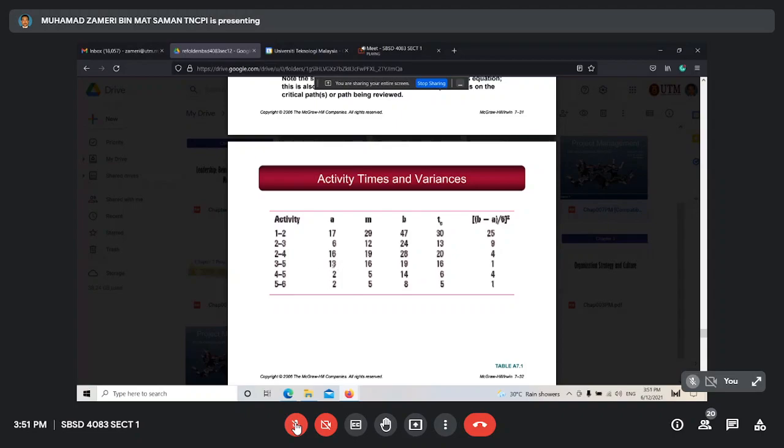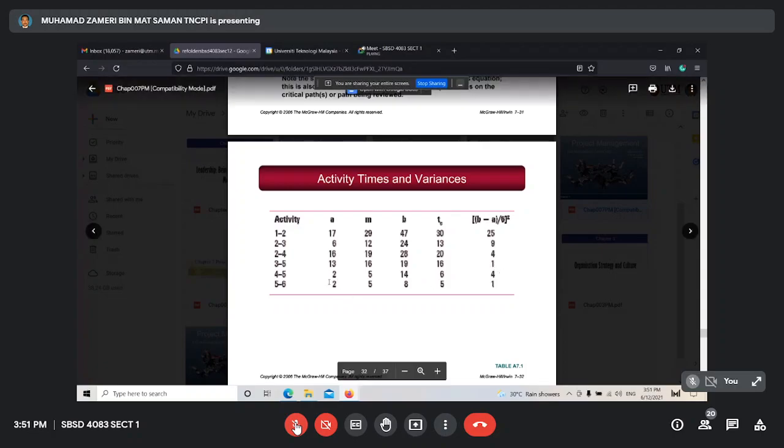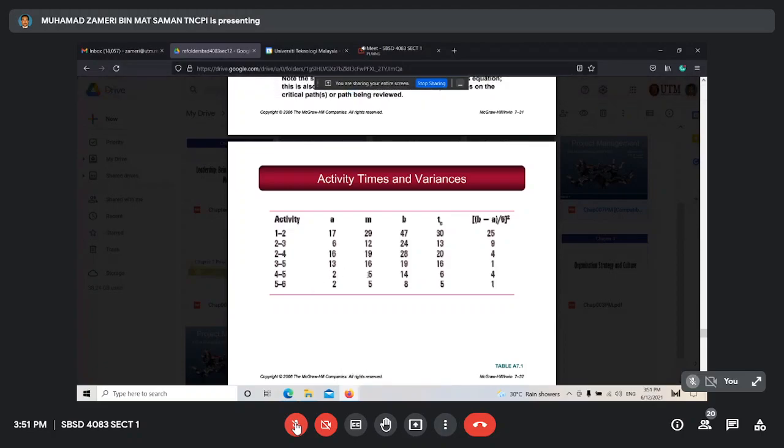Next: 13 plus 4 times 16 plus 19, divided by 6. You get 16 for the TE. For the standard deviation for this activity, 19 minus 13 is 6, 6 divided by 6 is 1, 1 squared is 1. Then TE for this one: 2 plus 4 times 5 plus 14, divided by 6, you get 6.